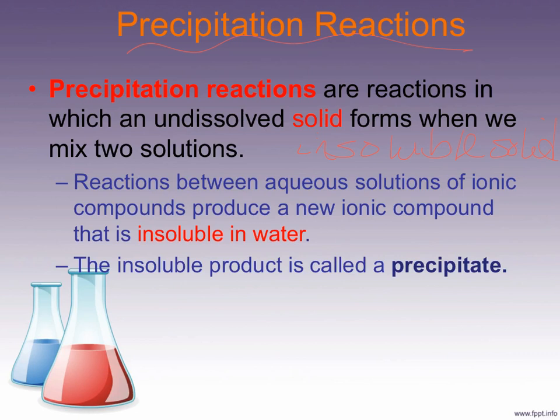In a precipitation reaction, you have two ionic compounds that react together, and when they react, they make a product that is insoluble in water. So that probably makes no sense at this point, so let's go on. I'll give you some examples.